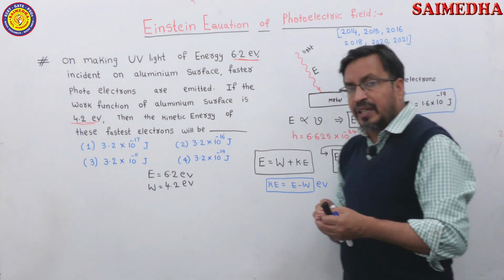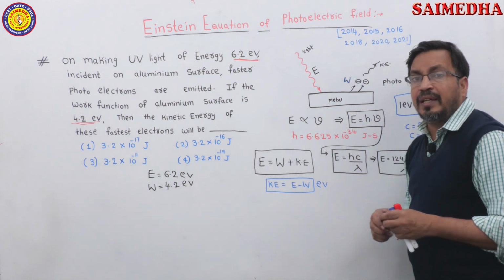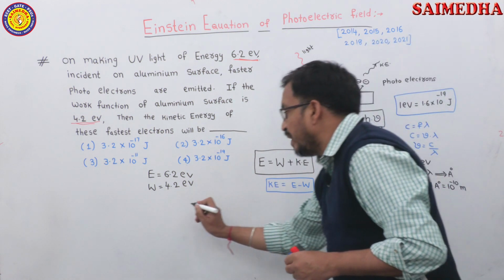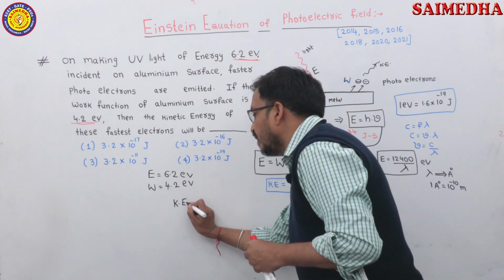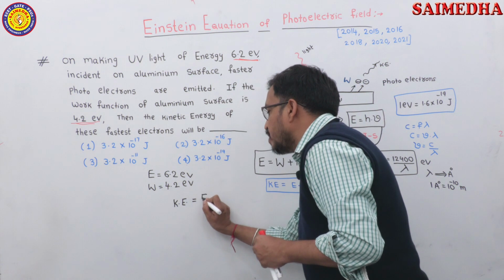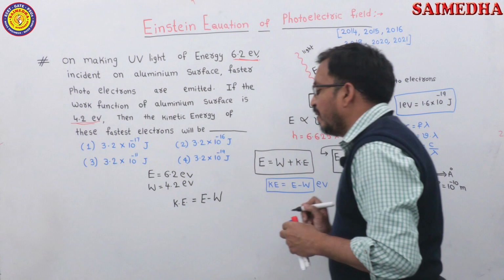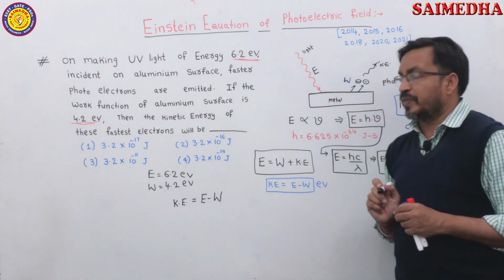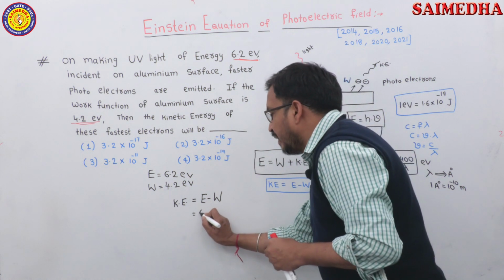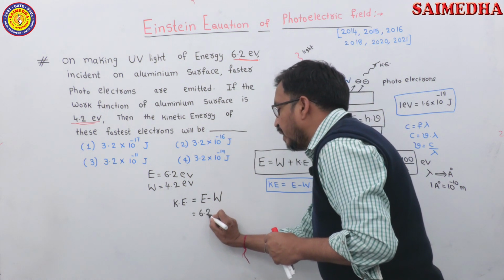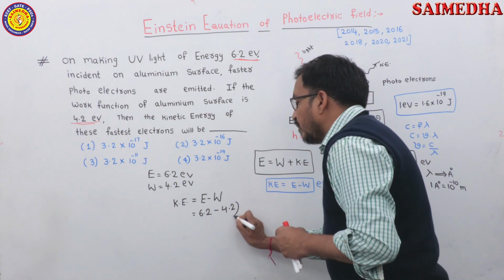From the Einstein equation, I am writing kinetic energy KE equals E minus W. Here E is 6.2 electron volts, and the work function is 4.2 electron volts.